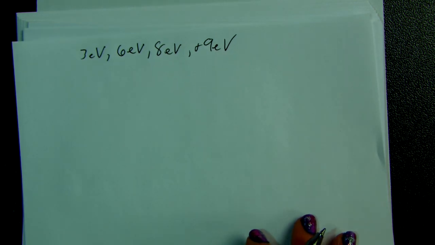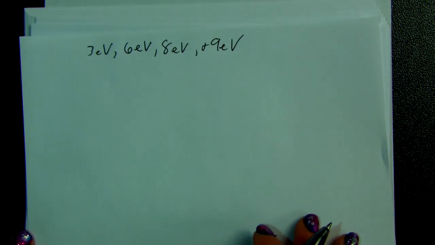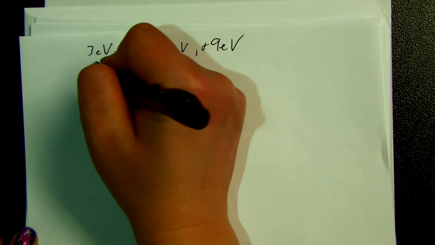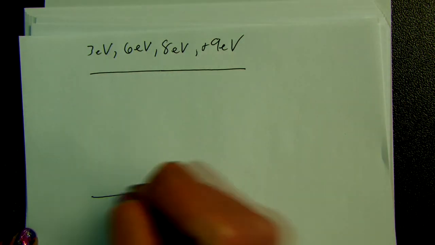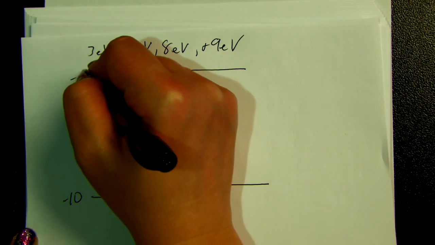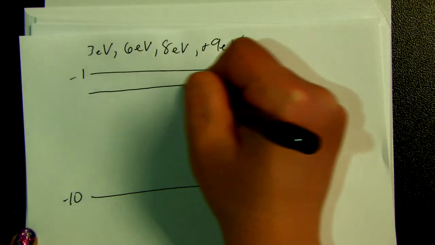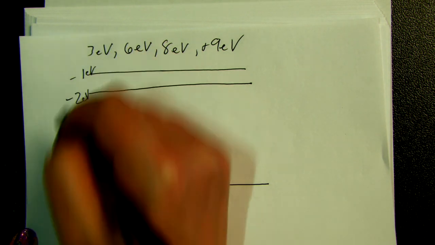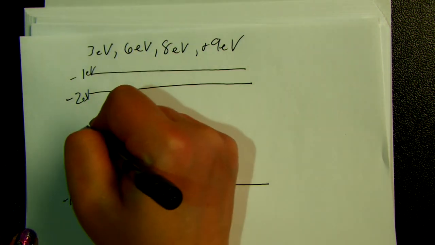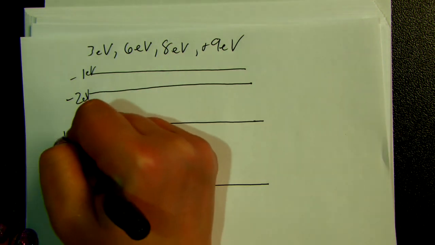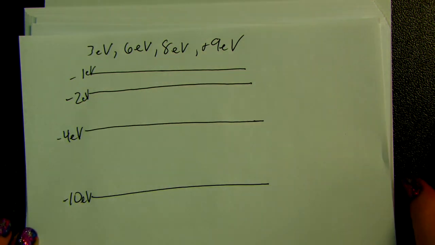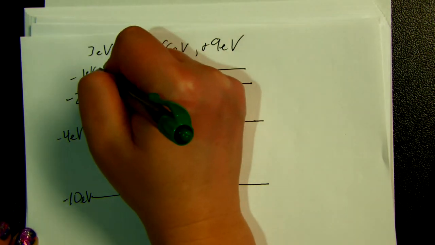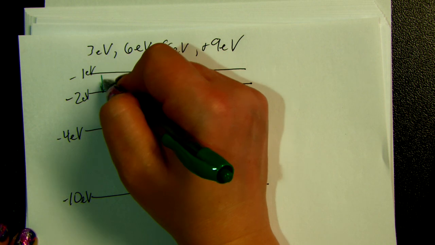So let's look at 2 possible arrangements. So we could have, we know it goes down to -10. We could say we go from -10 to -9, -7, and then -1 eV. So then this gets us a 1 eV, which we can't observe.